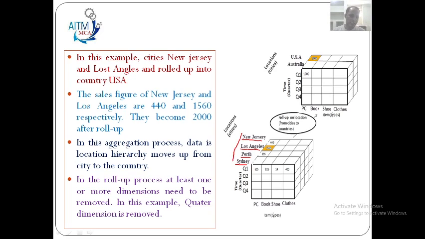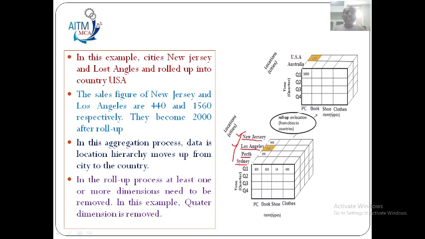This dimension is cities. Got it? Now, in this example, the cities New Jersey and Los Angeles roll up into the country USA. It means these two cities belong to the USA.